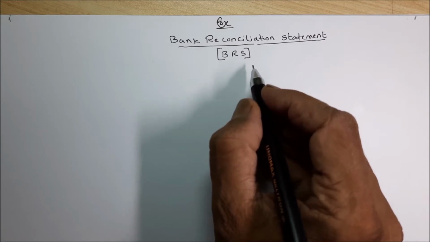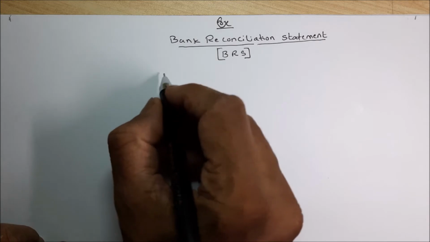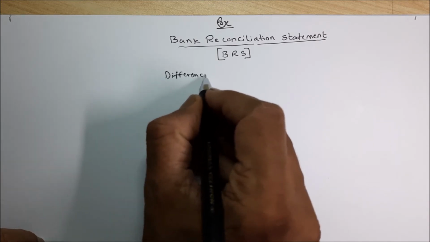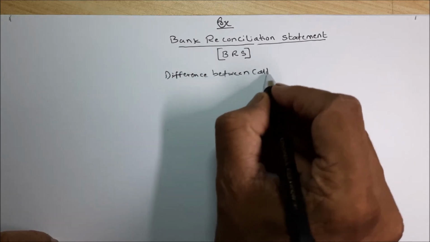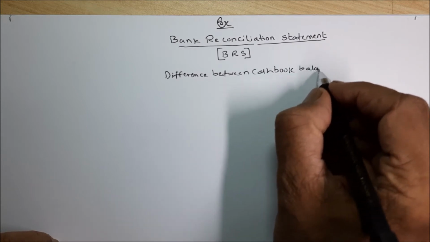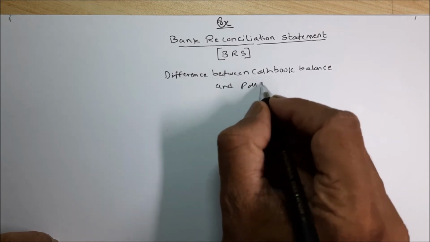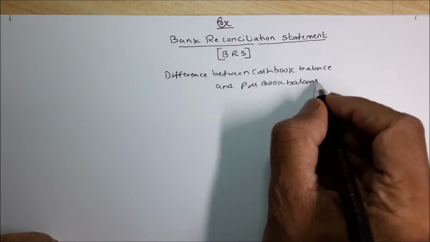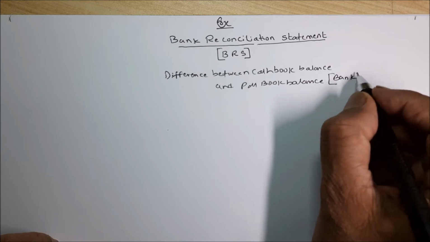Now try to understand what is bank reconciliation statement or BRS. Whenever you have a difference between cash book balance and passbook balance, that is what we call BRS.